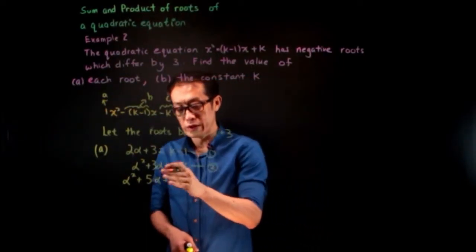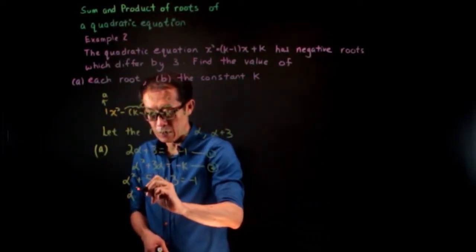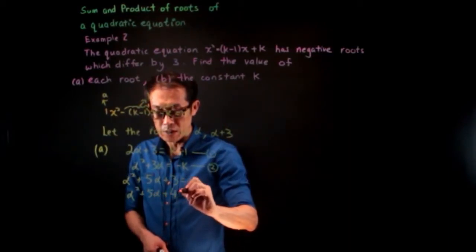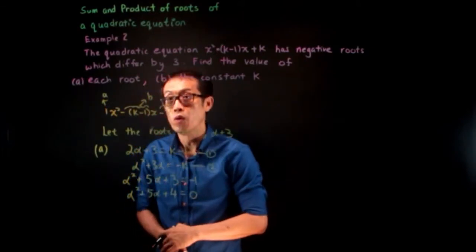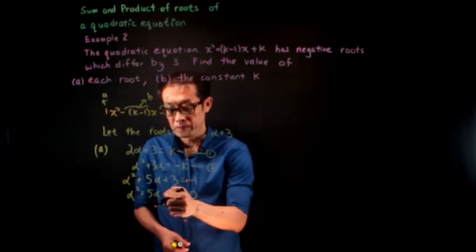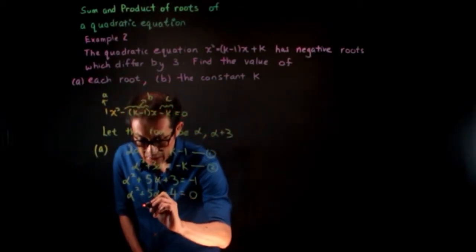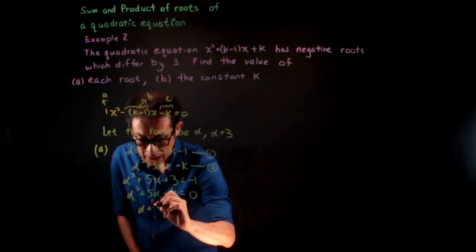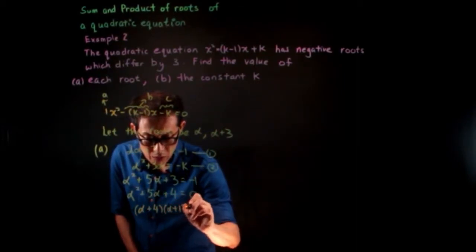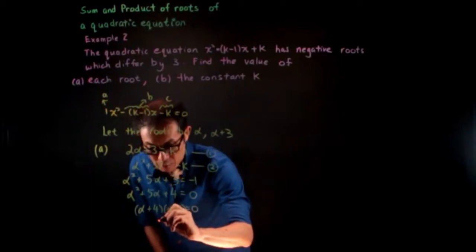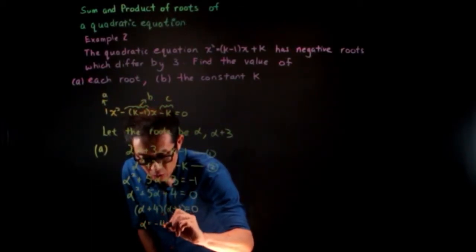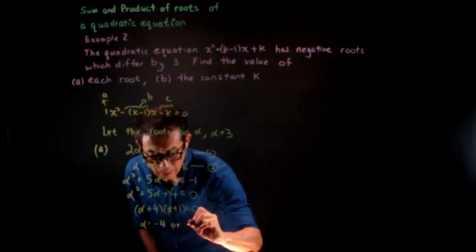Then you bring the minus 1 over, you get alpha squared plus 5 alpha plus 4 equals 0. Now this equation you can factorize. So you get alpha plus 4 into alpha plus 1 equals 0. So what do you get? You get alpha equals minus 4 or minus 1.